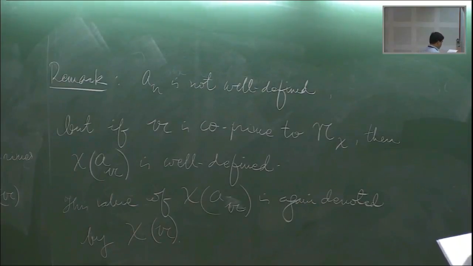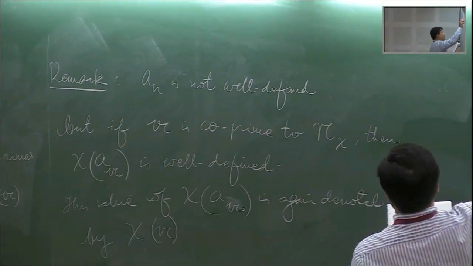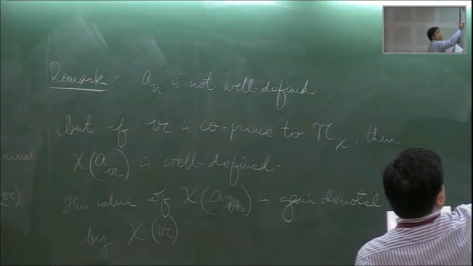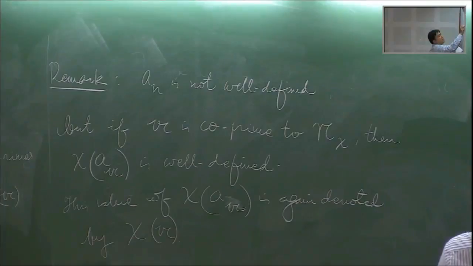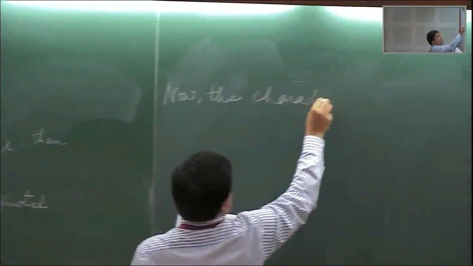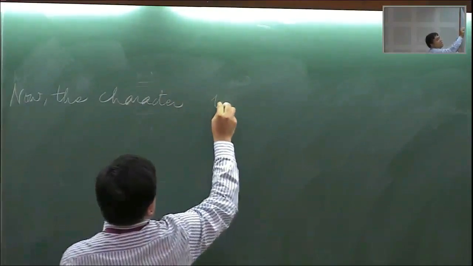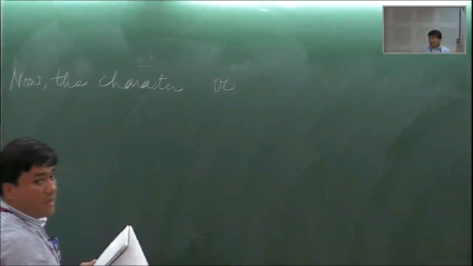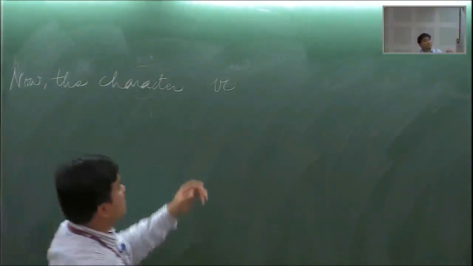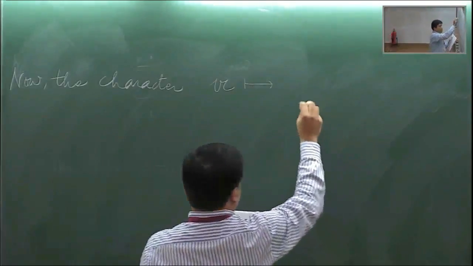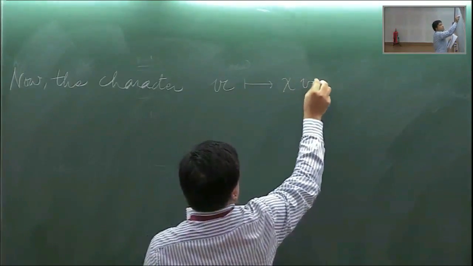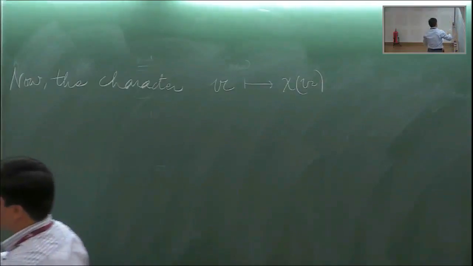Okay, so now this is the character I'm going to write: character A, the fractional ideal of K. So that's chi of A, this value.